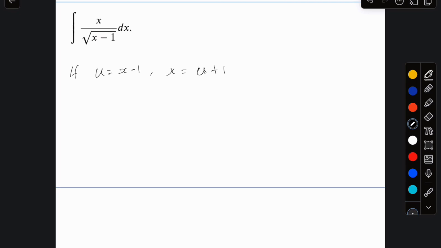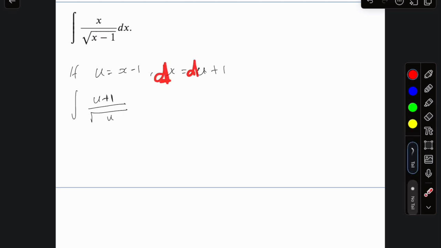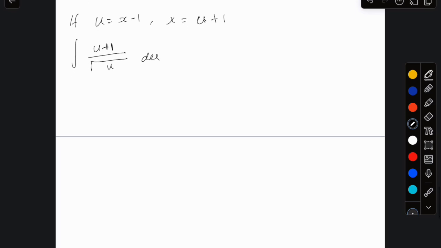That's the first thing we can do. Okay? Because we're going to get the integral here of u plus 1. This is just another way of doing it, but still substitution. Okay? And we're going to have the square root of u at the bottom. But what's du going to be? Well, dx is going to equal du here. So we're going to have du here as well. And there you go. We've made that an integral of u.